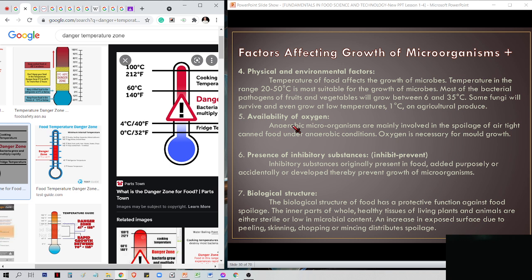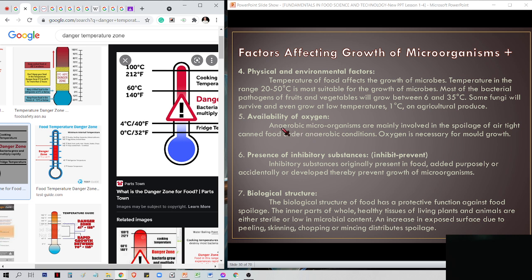And when we are talking about anaerobic, there is limited or commonly no air content or oxygen content. Anaerobic means limited oxygen or no oxygen presence.